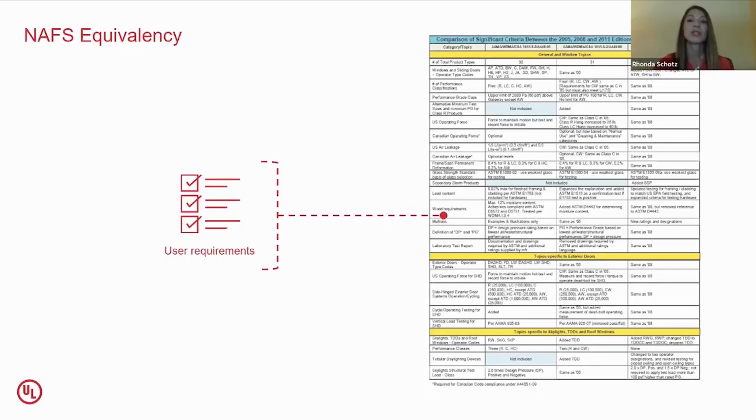Those have now changed to R, LC, CW, and AW. Operational force requirements have changed for some of the products, and the cycle slam testing quantity of cycles has changed, and there's many others more. Please contact your WDMA representative for a copy of this if you do not have one.